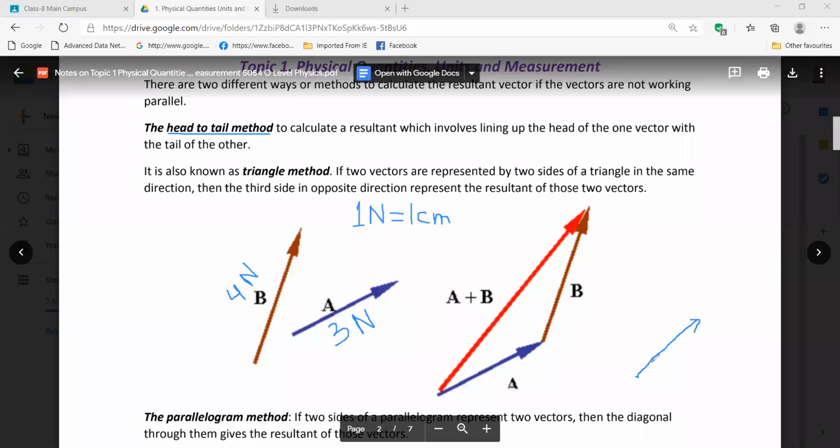We are doing the recap because you said you have some queries, and some of the students need some revision. That's why I'm revising this. So we are redrawing A here by maintaining that it is parallel with the previous one. Do you know how to draw parallel lines?